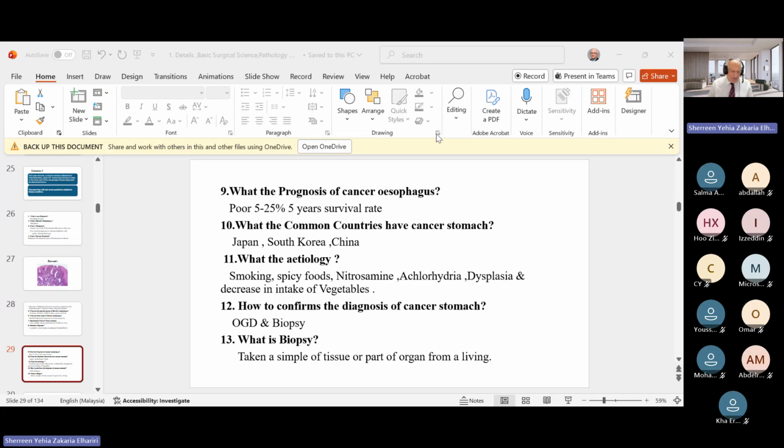So what do you mean by non-modifiable, like genetic, like what? Family history. Okay. Diffuse gastric carcinoma. Okay. And also previous gastric surgery, antral polyps. Okay, is this something common you see in your practice or not?